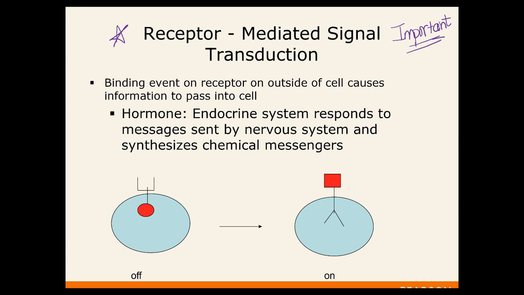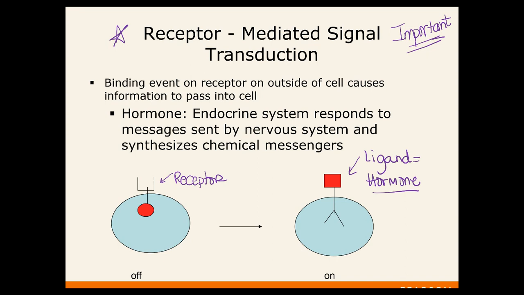What this is: on the outside of the cell membrane, there will be a receptor. So in this picture, there's a receptor binding site, or receptor, and it's going to bind a ligand, which will be, in our example, a hormone.